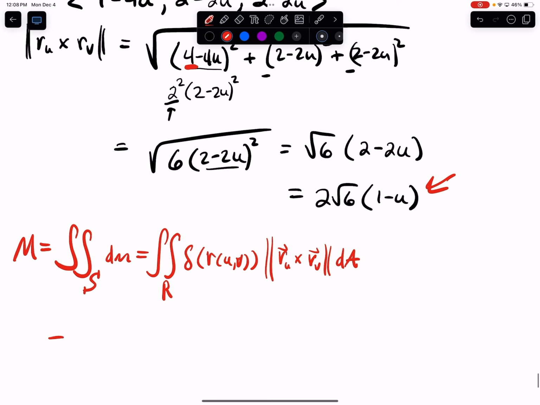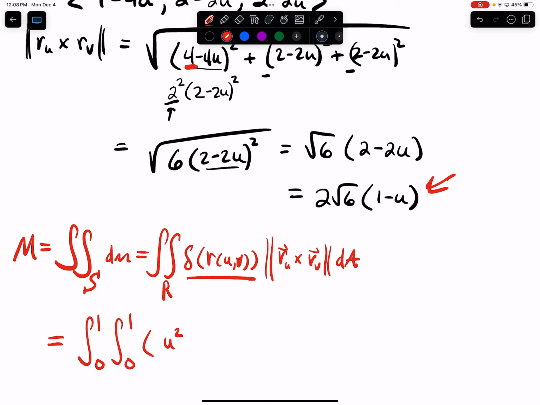And so this becomes the integral from 0 to 1 of, what is our density function? The density function was x squared plus 5y plus z. So I use x, which is u, so I do u squared, and then plus 5y.